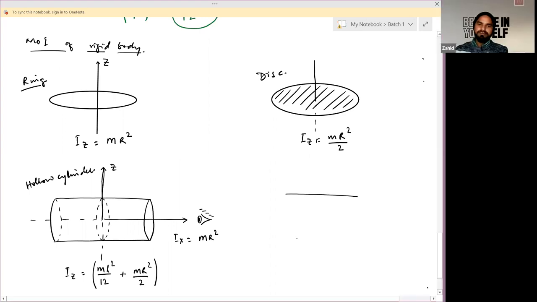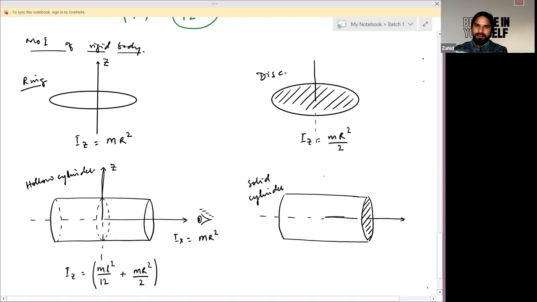Next is a solid cylinder. If you observe along this axis, it will seem to be disc-like, so moment of inertia would be similar to a disk, m r square by 2.